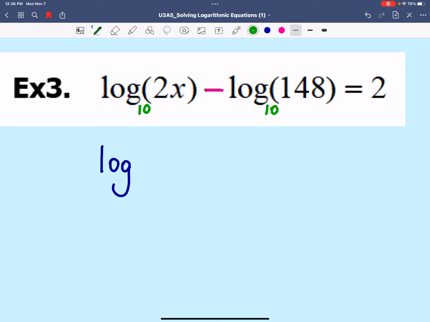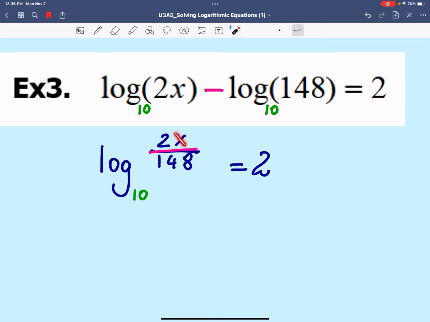So we have log with base 10. Obviously, we don't have to write it when the base is 10, but we're going to write this for an obvious reason, which I will explain shortly. So we have log with base 10 of 2x over 148 equals 2. Now, remember that our unknown is in the numerator, so it's inside the log.